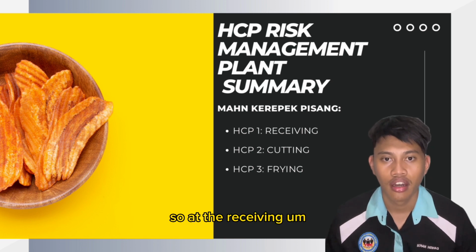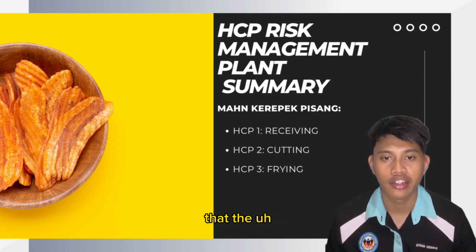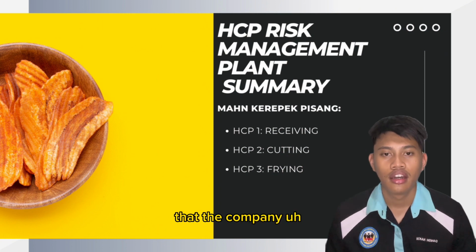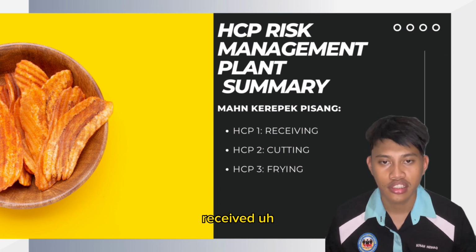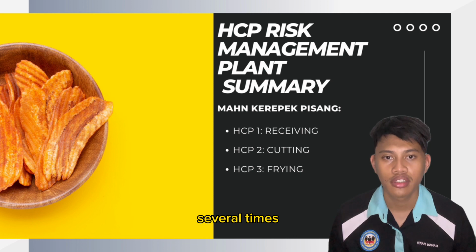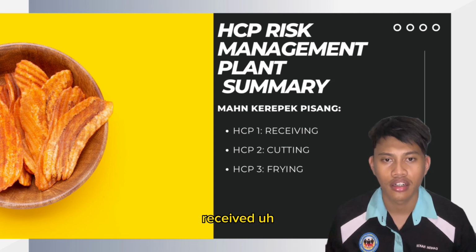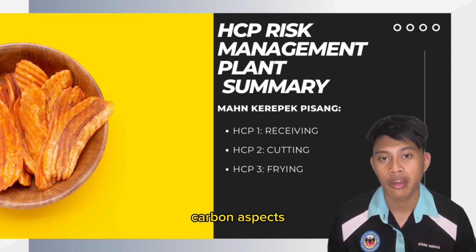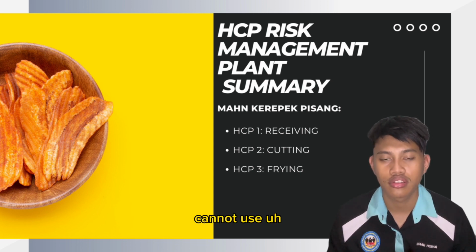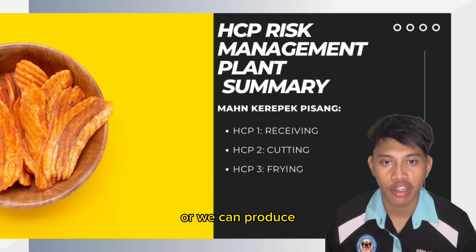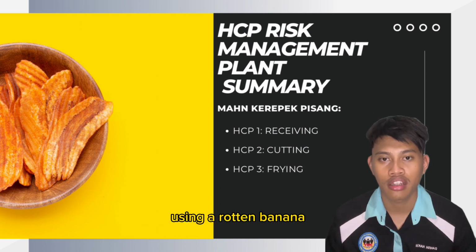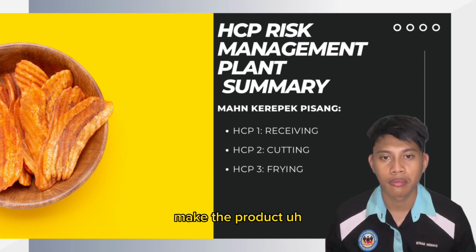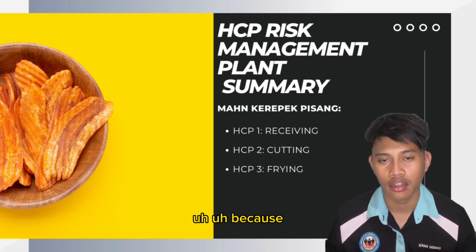At the receiving, we have identified that the company has received, several times, rotten bananas, which disturbs the toyyiban aspect, because we cannot produce banana chips using rotten bananas. It would make our consumers sick, maybe from food poisoning.